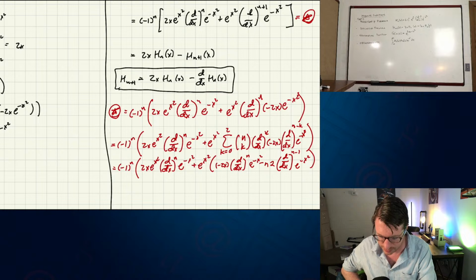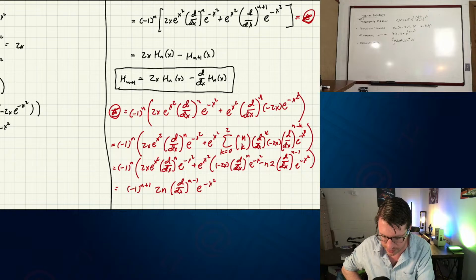And so this becomes -1 to the nth power, and we have a minus sign on it, so let's put an n plus 1. That's going to be 2n times d by dx to the n minus 1 power e to the minus x squared.